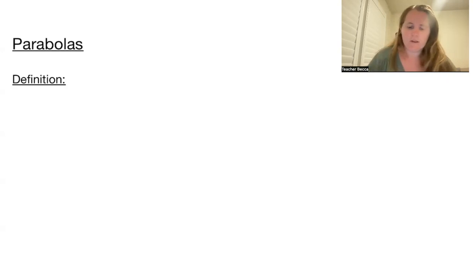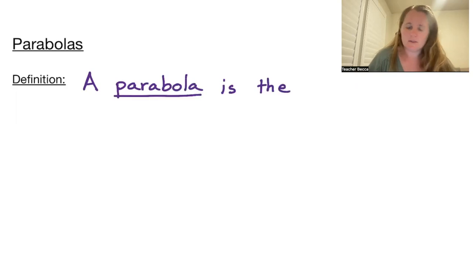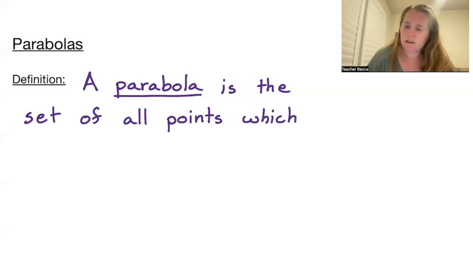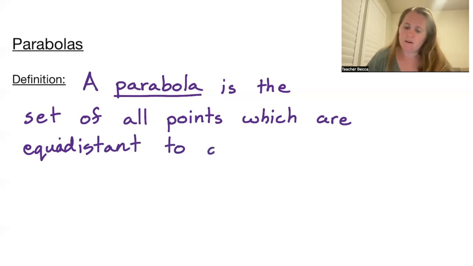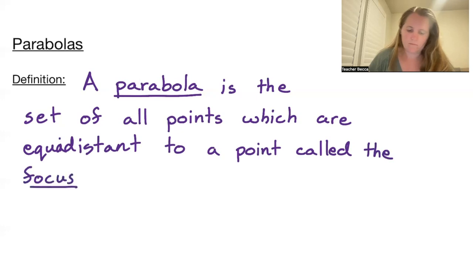So, definition: a parabola is the set of all points which are equidistant to a point called the focus and a line called the directrix.